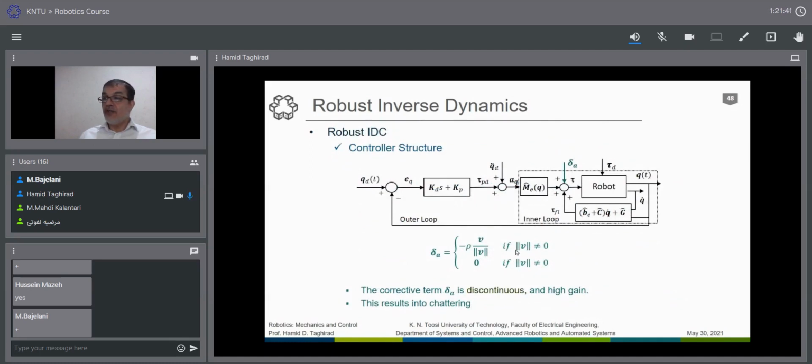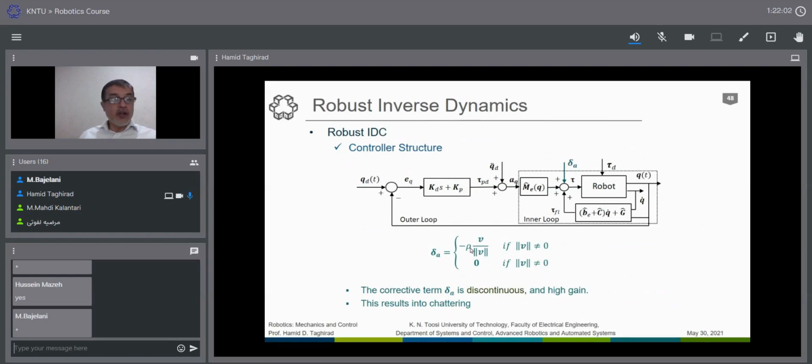V divided by the norm of V could not be equal to 0. We require V to be equal to 0, but we do that asymptotically. V divided by the norm of V times the rho.